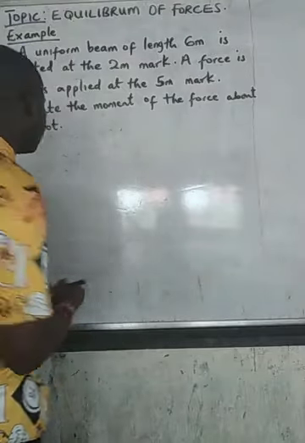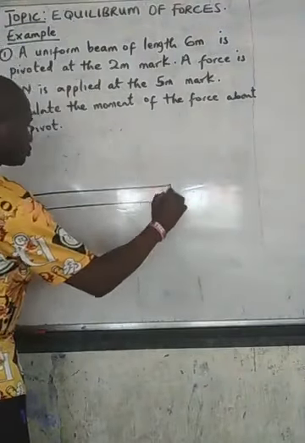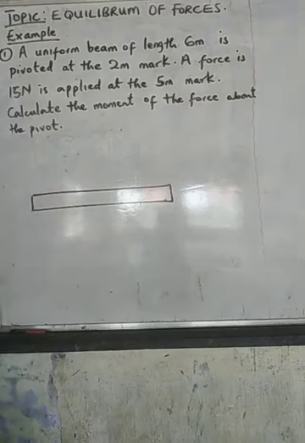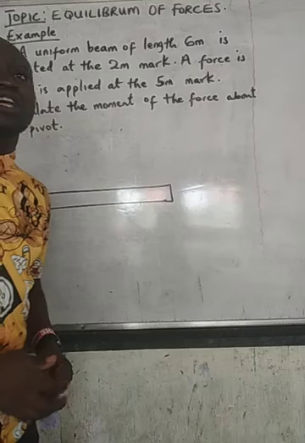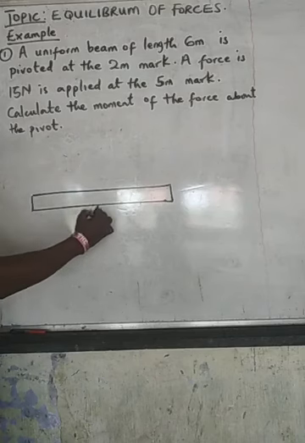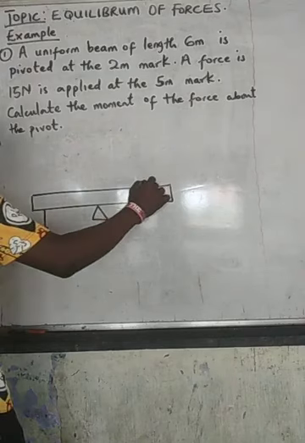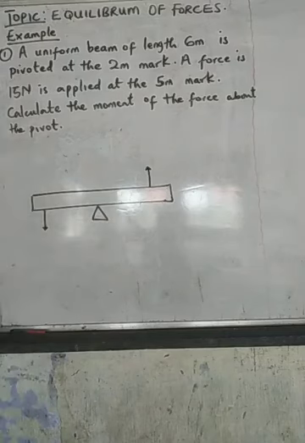Let's say we have an object like this, a ruler. If this ruler is placed on the ground, nothing moves it because it obeys Newton's first law of motion, which says an object will be at rest until an external force acts on it. Now let's assume I place it on a pivot like this. There will be some downward force pulling it down and some upward force pulling it up.